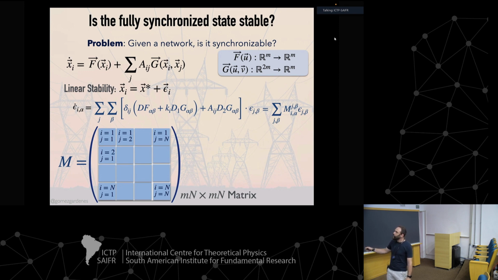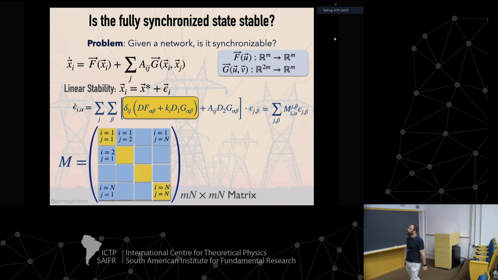This is the influence of node 1 with respect to node 2, etc., okay? So these are boxes that are submatrices, okay? We have a total number of n times n submatrices of dimension m times m. In fact, if we check this matrix, we can say that all the matrices that are in the diagonal, because of this delta j, are of this form, okay? And we can color in green, in yellow.